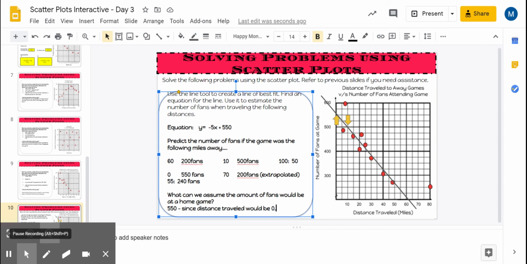And I interpolated on all of them except the 100. I got stuck on that 100 miles away because it looks like after 100 miles my number of fans should be negative. But I still got positive 50 based on my equation, right? I had to extrapolate this. I had to use my equation.